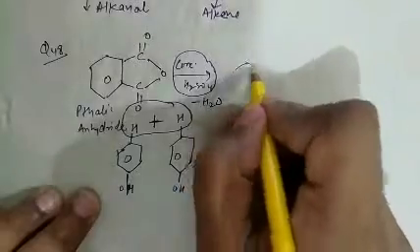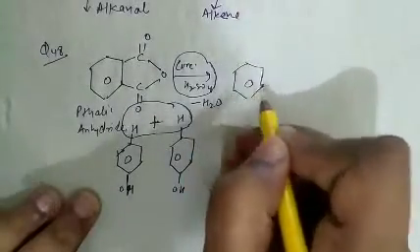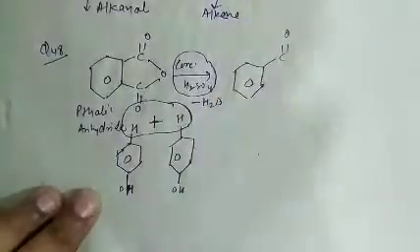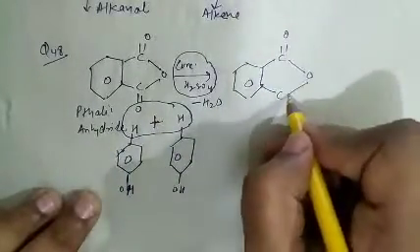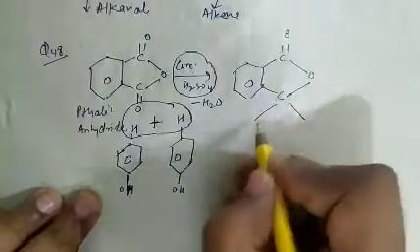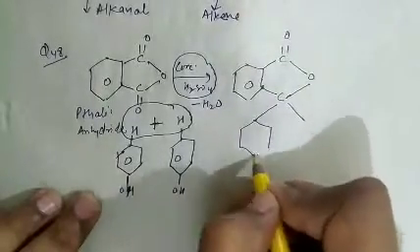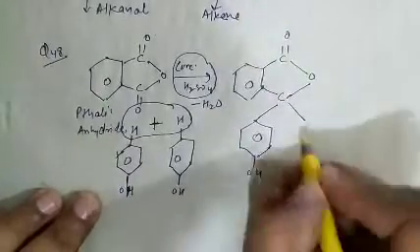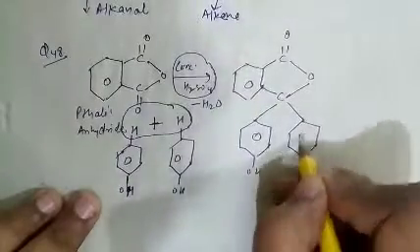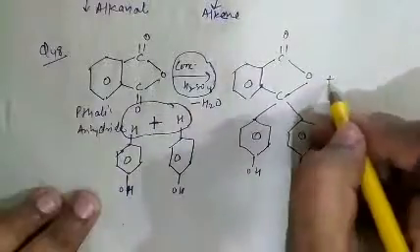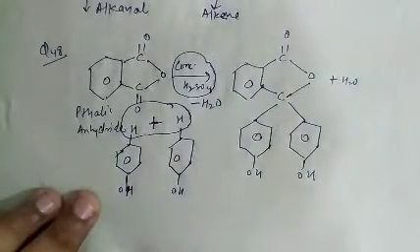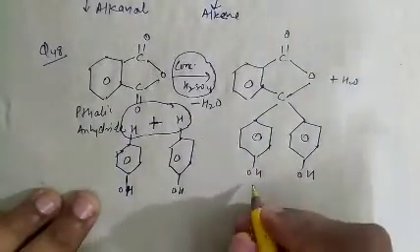Now it will convert into this group, C double bond O as it is, oxygen as it is. This will convert into a single bond now, as 2 groups are attached to it. OH at para position and OH also there at para position. This compound which we have produced, by removal of water by concentrated H2SO4, is called phenolphthalein.